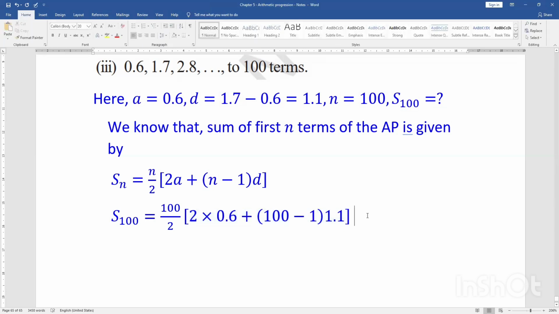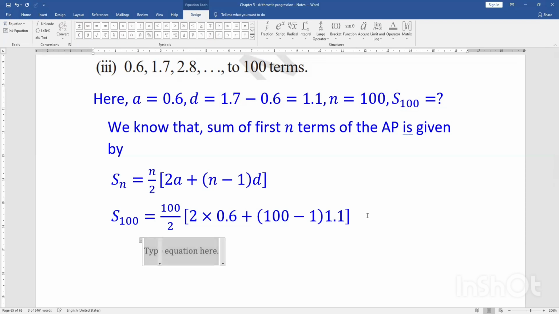Okay. The next step, this is taken as equal to 100 by 2, which is how much? It is 50, right? And then bracket open, 2 into 0.6 is 1.2, and then plus 100 minus 1 is 99, 99 into 1.1 bracket close.